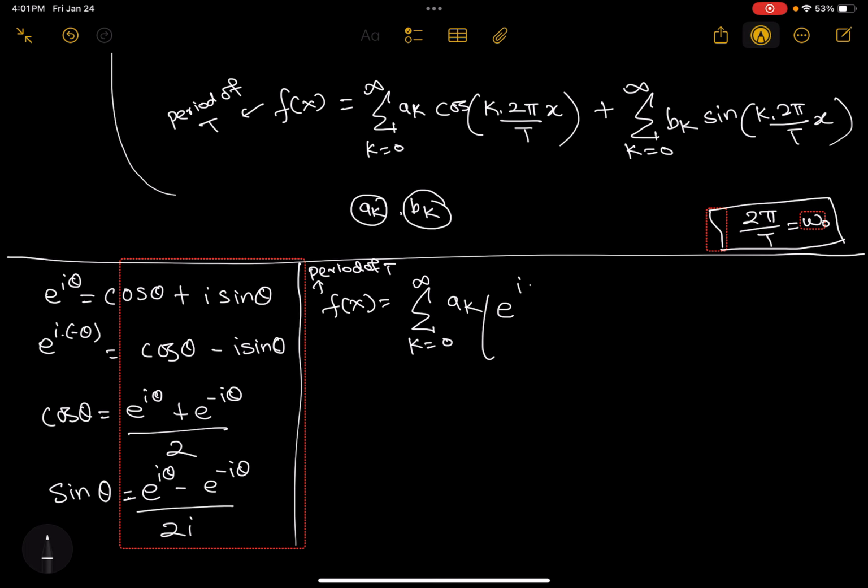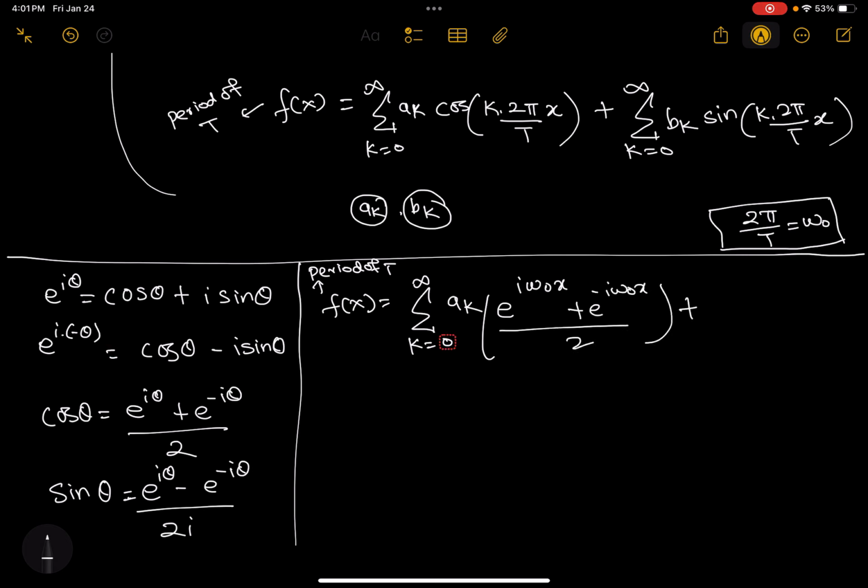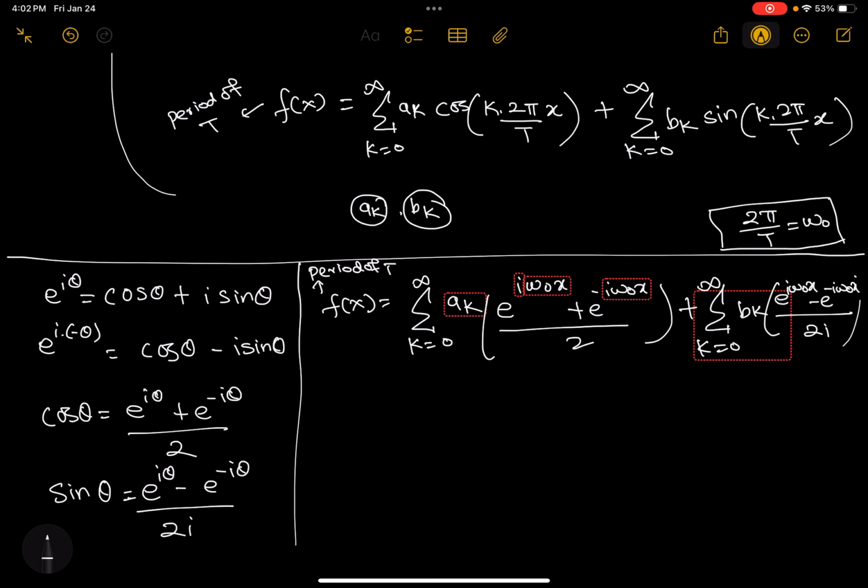So, e to the power i omega naught x plus e to the power minus i omega naught x, over 2, plus sum from k equals 0 to infinity b sub k, times e to the power i omega naught x minus e to the power minus i omega naught x, over 2i.